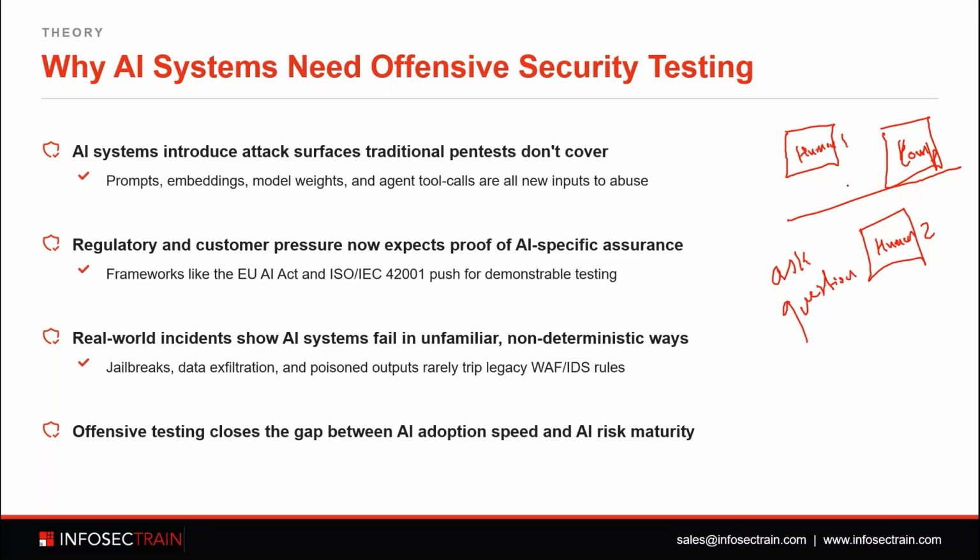Both of them will reply, but human 2 will not know which reply came from the human and which from the computer. If human 2 is able to differentiate between the replies, to find out which reply was given by the human and which by the computer, the computer has failed the Turing test.